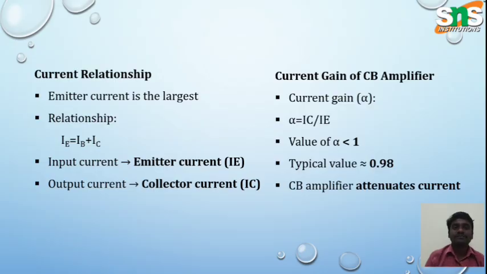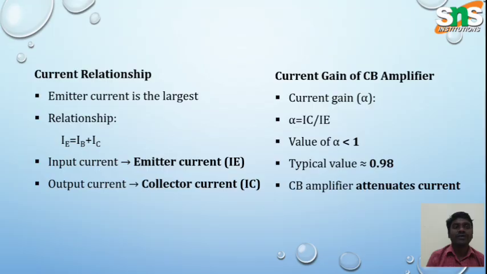The emitter terminal is the input one, and that is equal to IB plus IC. So the input current is the emitter current, and the output current is the collector current. Here the current gain of the common base amplifier, alpha, is equal to IC by IE.